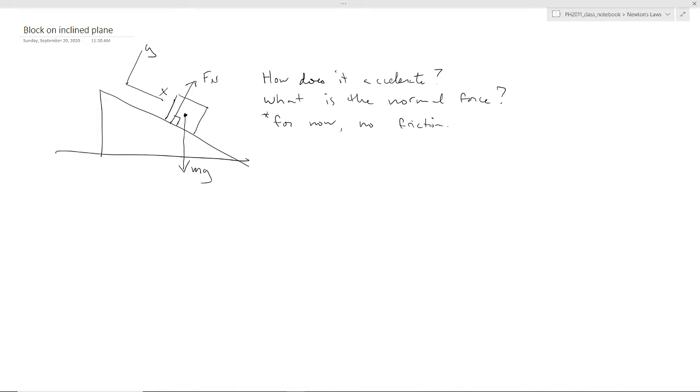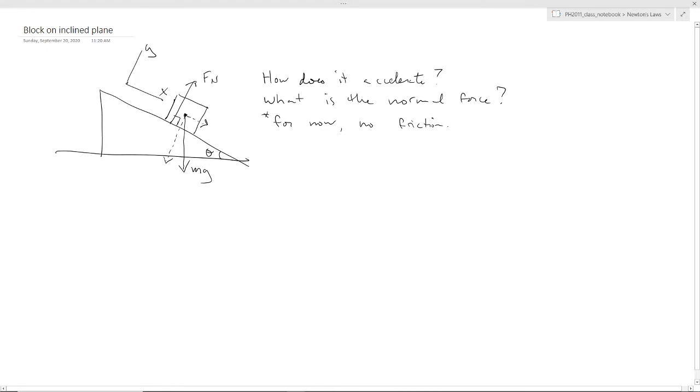Now, what this requires us to do is break this weight into x and y components according to this coordinate system. So in other words, we need to find this component and this component. So let me add a little more detail here. This is some angle theta.